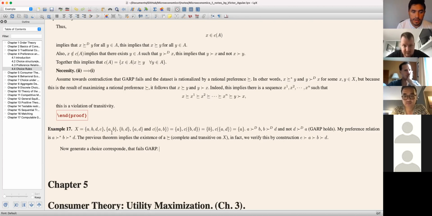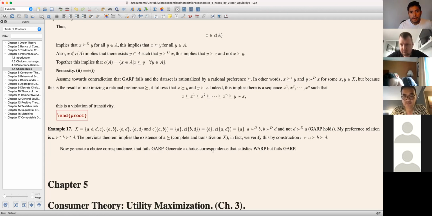The second is, you can also generate a choice correspondence that satisfies WARP but fails GARP. If you're able to do one, we're done.